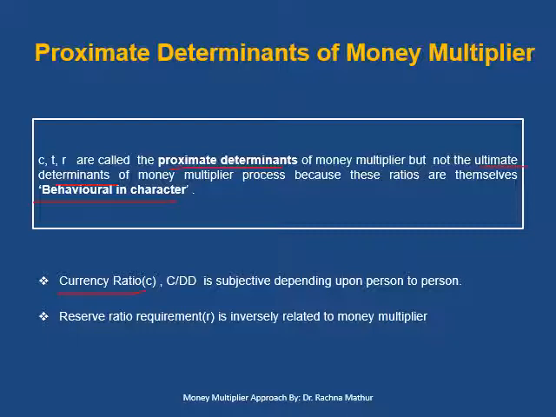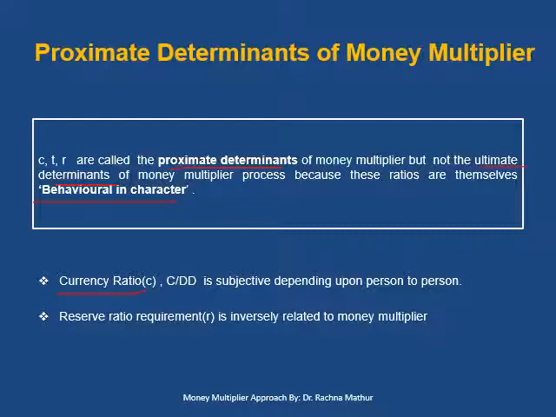If we talk about the currency ratio, that is C upon DD, it is a subjective determinant which depends upon the person. Some people might prefer to keep money in hand, that is, they have more preference for liquidity rather than keeping it in a bank, while others might have less preference for liquidity, that is, less money in hand, and keep more money in the bank to earn interest on it.